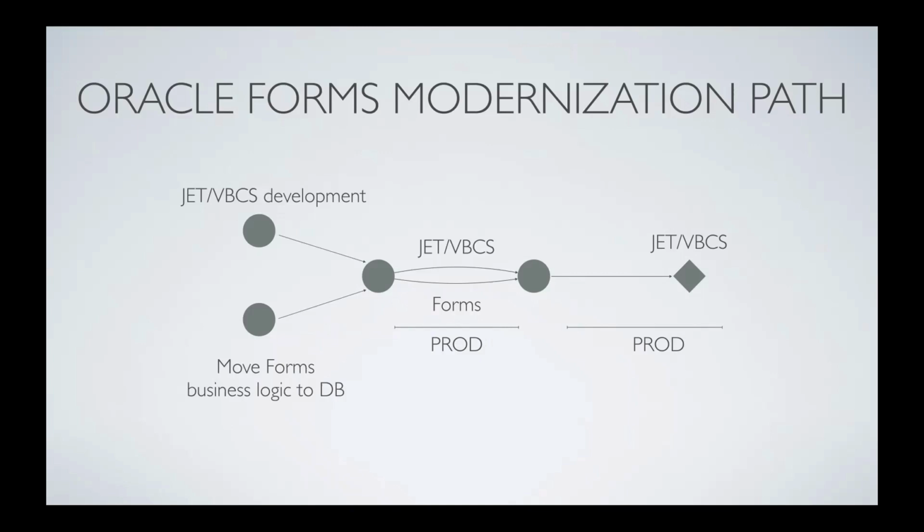And typically, you would wrap your application in a new UI shell, implement a dashboard and new menu structure, and from the menu, I would recommend opening Oracle Forms as if they are not yet completed, and moving to Jet. And you would run both systems in production for some period of time until all the job is done, and at the end you could switch completely to Jet or VBCS.